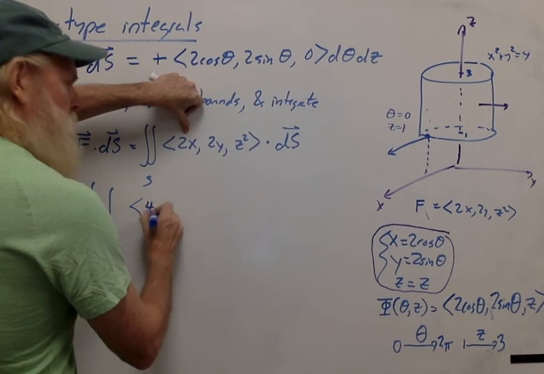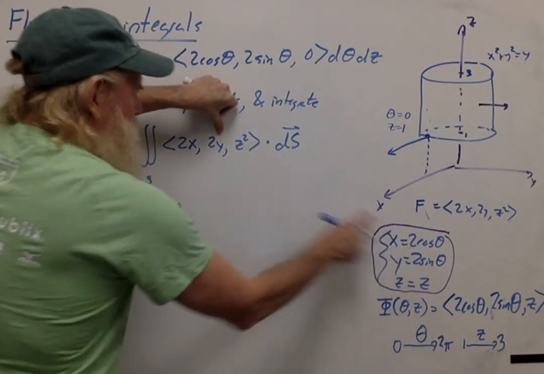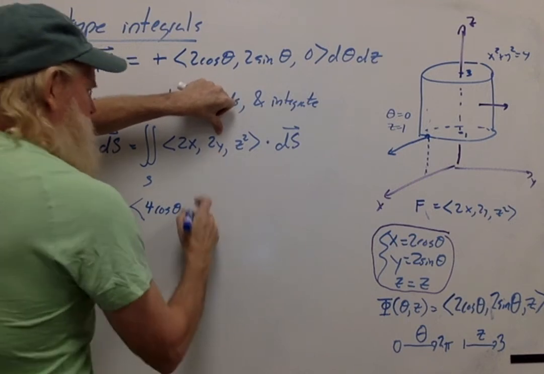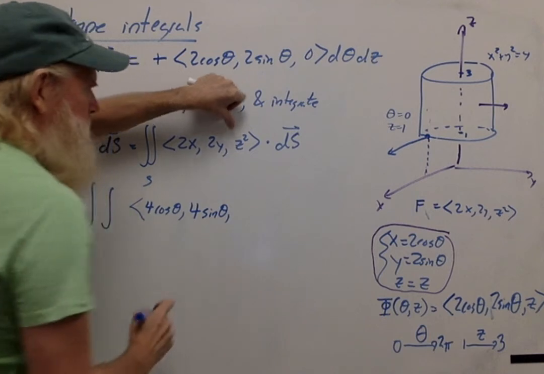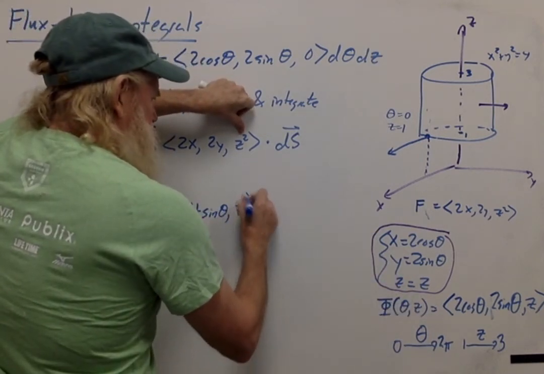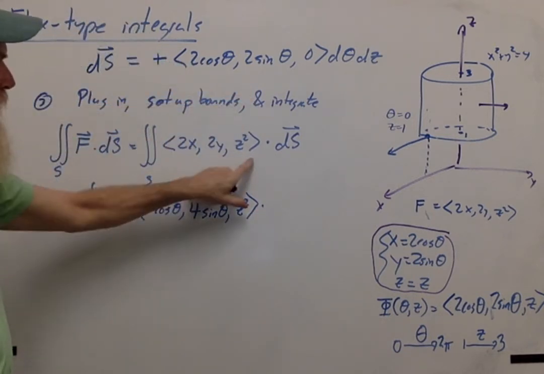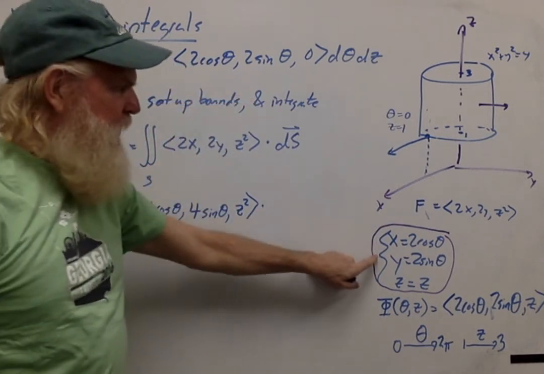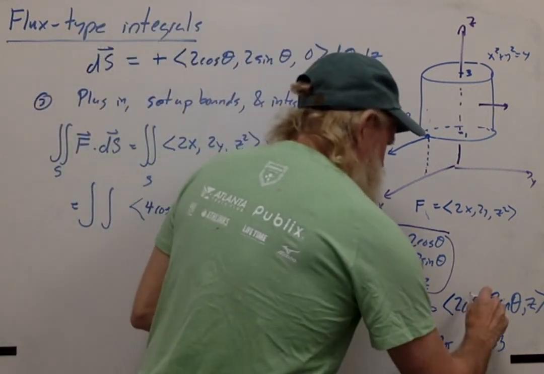I get 4 cosine theta. Y is 2 sine theta, so I'll plug that in here, getting 4 sine theta. And z squared is just going to be z squared. So remember, when you're substituting into F, pull the values out of the parameterization. So you can read those either here or here.